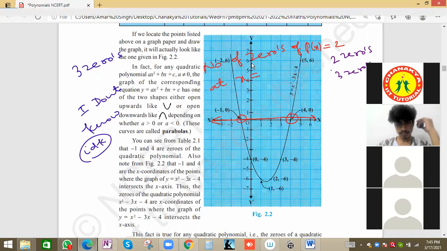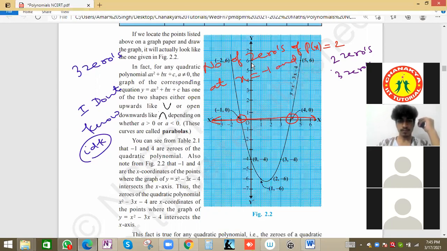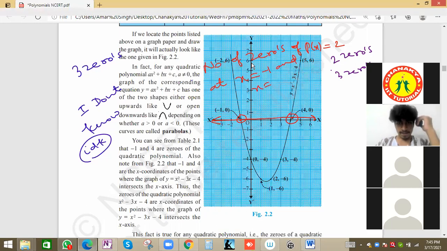So the x values are -1 and 4. These are the two positions where p(x) attains 0. So the number of zeros is 2 and the zeros are x equal to -1 and x equal to 4. The coordinates are (-1, 0) and (4, 0), because at the x-axis y is 0.